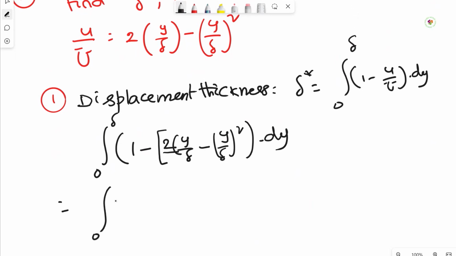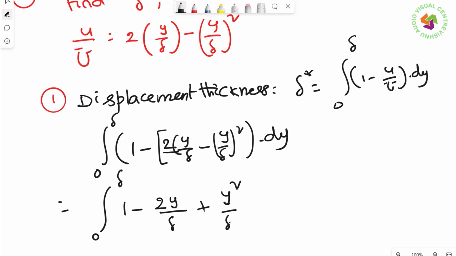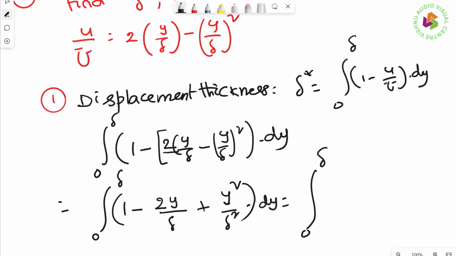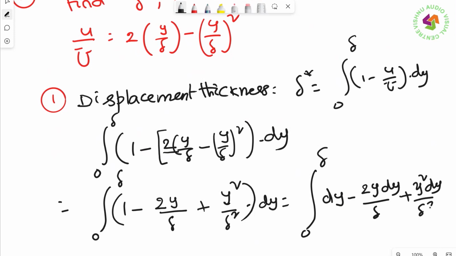So the integral from 0 to delta of 1 minus 2y by delta plus y square by delta square into dy, that is the integral from 0 to delta of dy minus 2y dy by delta plus y square dy by delta square.